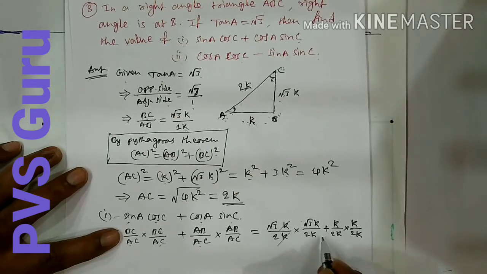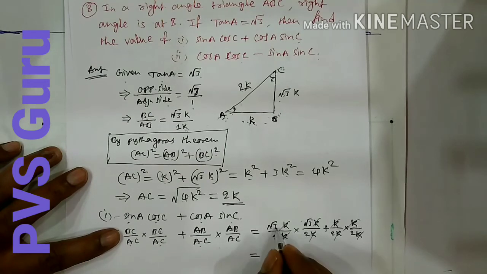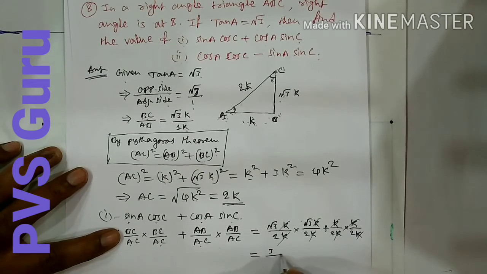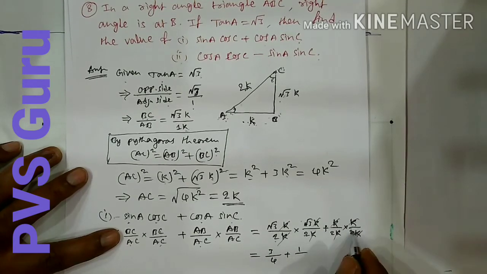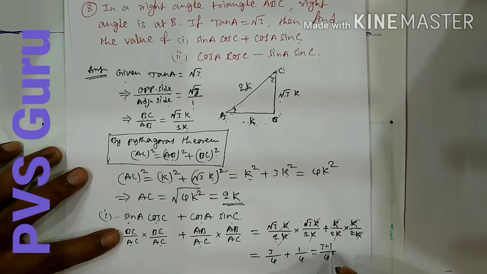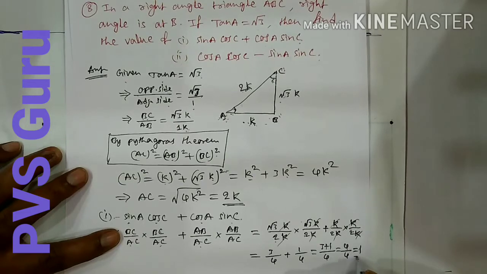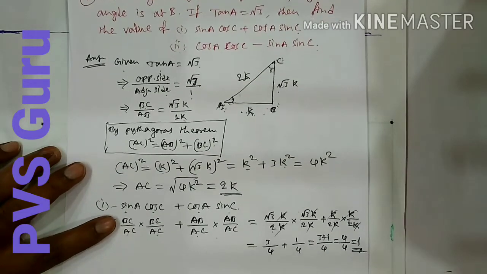All k's are cancelled. Here root 3 into root 3 is 3, 2 2s are 4, plus 1 into 1 is 1, 2 2s are 4. So the LCM is 4, 3 plus 1, which is 4 by 4, equal to 1. This is the solution.